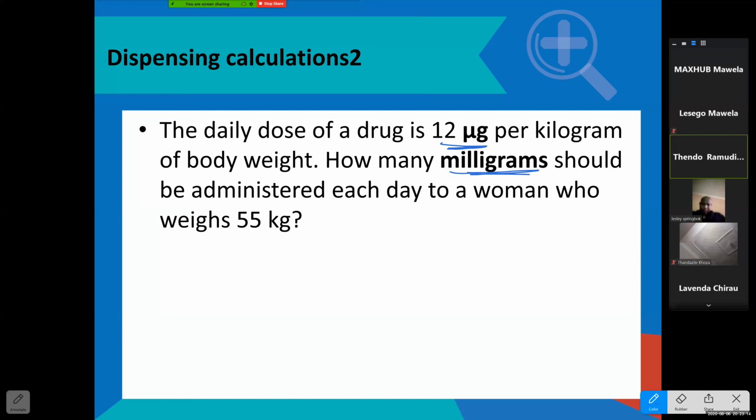So this time we cannot use it the way we used it previously, because the drug is in micrograms, and we want an answer in milligrams. Somehow we need to convert these micrograms to milligrams. And the other issue is that at the end of the day, we need to know the correct dose for this lady who weighs 55 kgs.